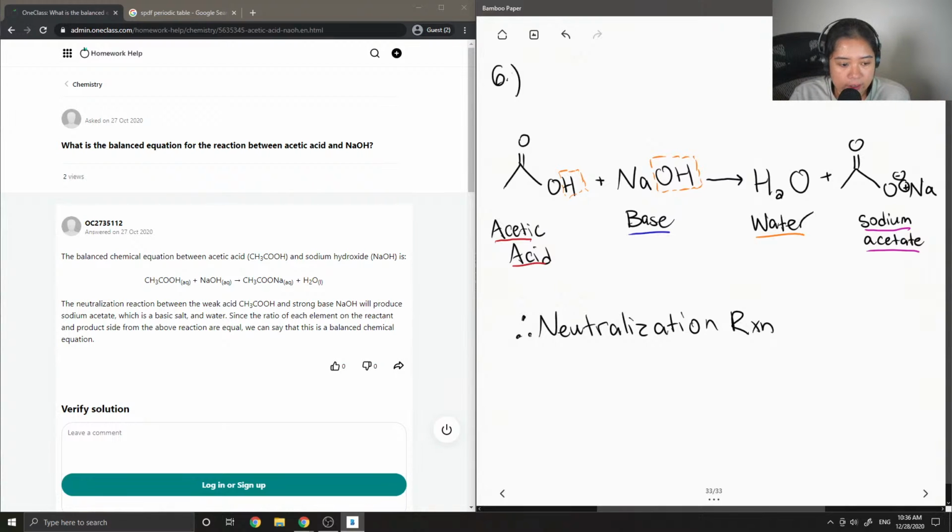So the reaction is balanced already. And then everything reacts at a 1-to-1 ratio.